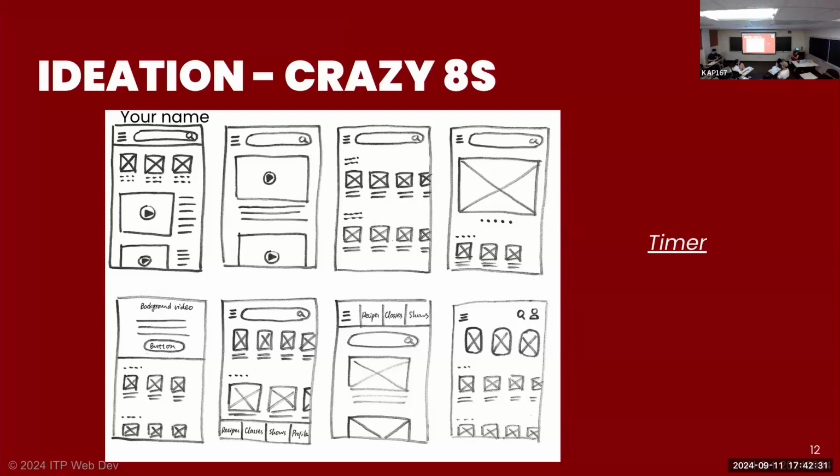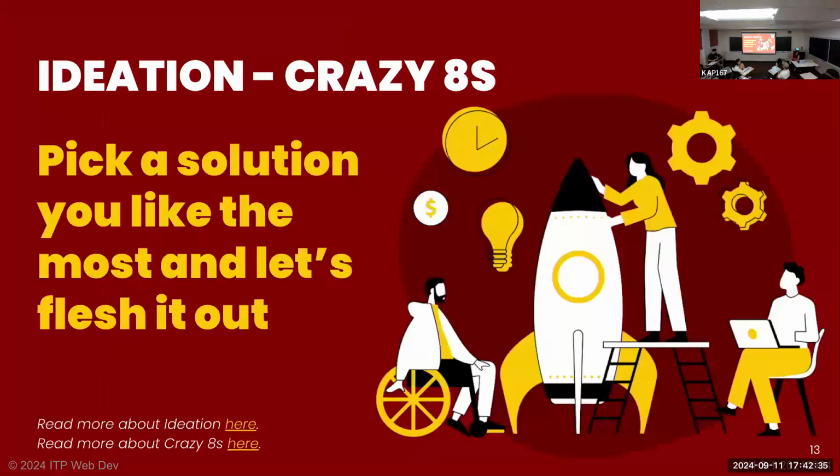But based on what you've drawn, pick a solution that you like the most and flesh it out. Because again, you've seen some really bad ideas, maybe you have some good ones, maybe you're like, oh, I like this part of frame 1 and this part of frame 3. You can pick a solution that you really like the most, and now you're gonna flesh it out.